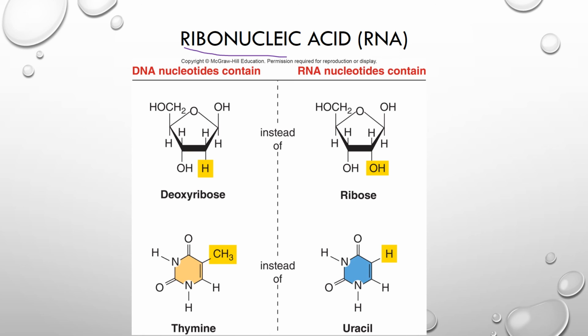Same concept here, the only difference is that instead of thymine that we saw with DNA, we now have uracil. If you look at the structural difference, we're missing a methyl group, and now instead it's just a hydrogen group. RNA is also a little bit different in that it's a single strand instead of a double strand.